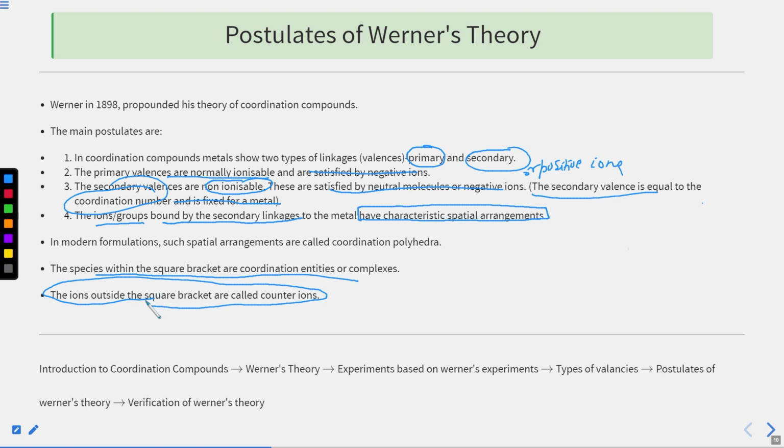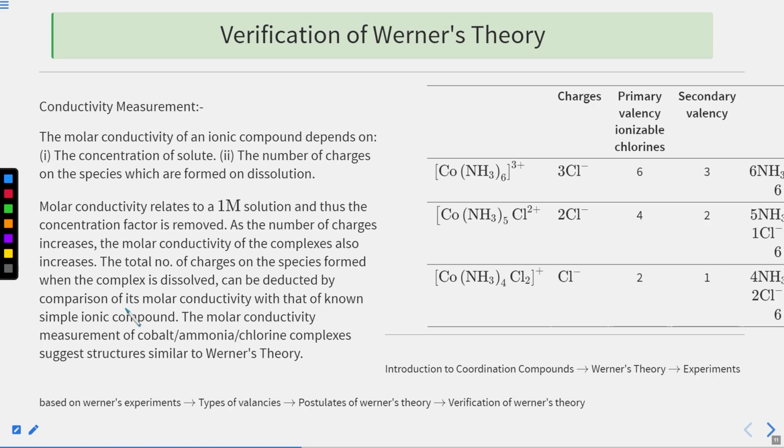Okay, now what is the verification of these postulates? How do we verify these postulates? For this, he did this experiment. What he did is that he tried to measure the molar conductivity of ionic solution.